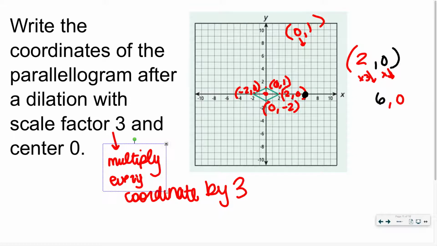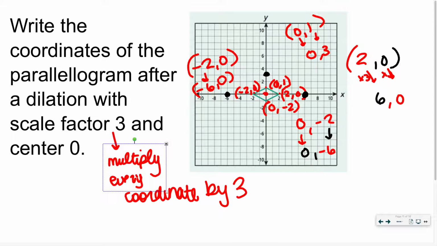What would that become? 0, 3. Good. 0, 3, which is right here. How about -2, 0? Good. It would become -6, 0. Why are they still 0? Because anything times 0 is still 0. Good. How about 0, negative 2? It would be 0, negative 6, which is down here.